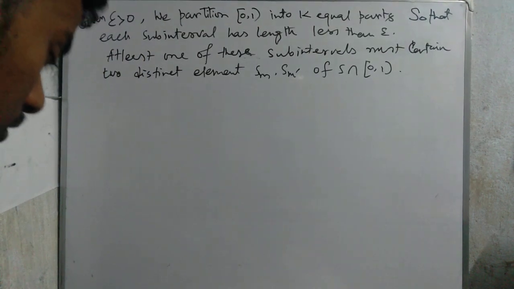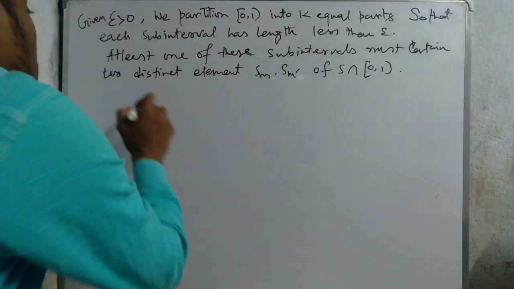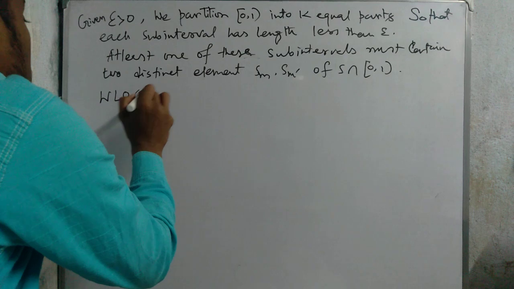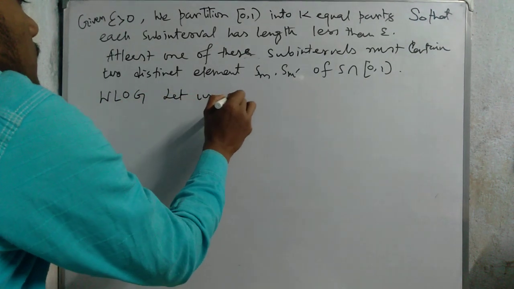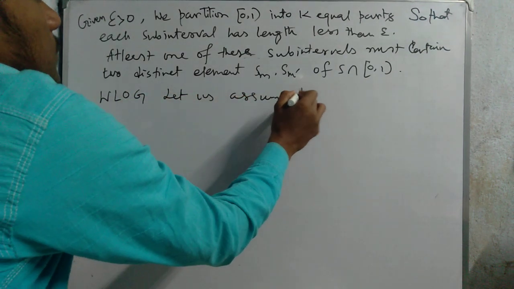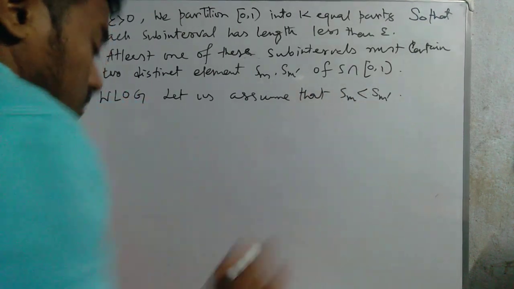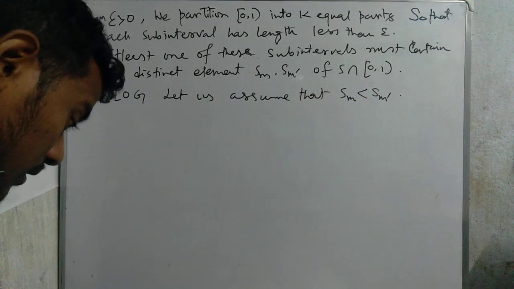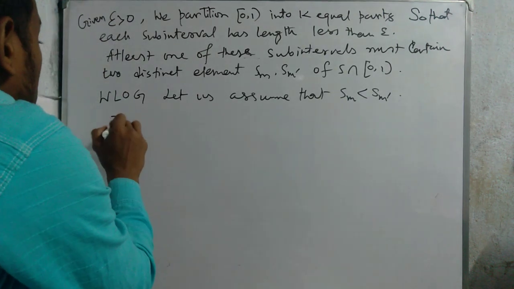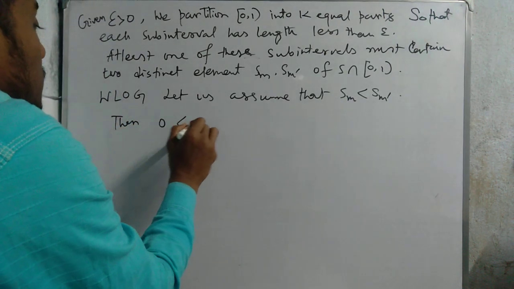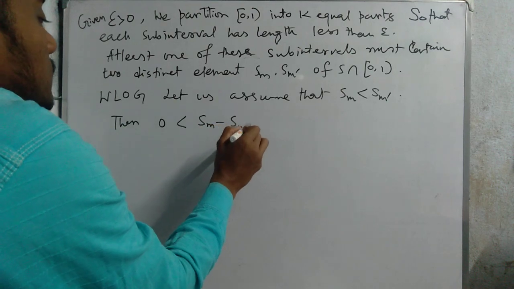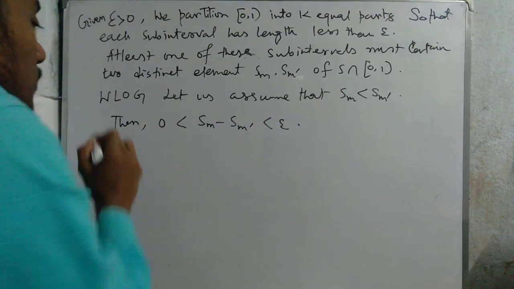Then without loss of generality, let us assume that Sm is less than Sm'. Then we find that 0 is less than Sm' minus Sm, which is less than epsilon.